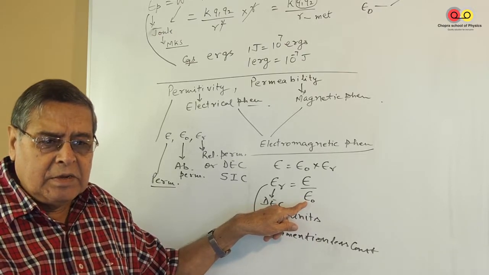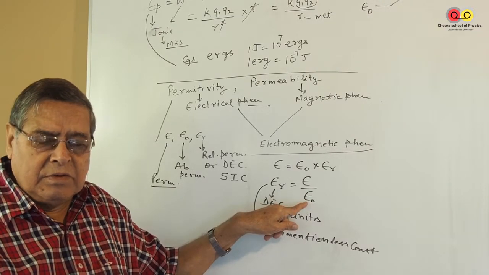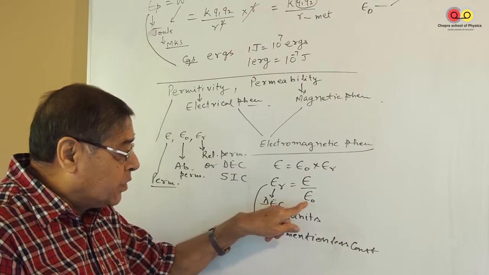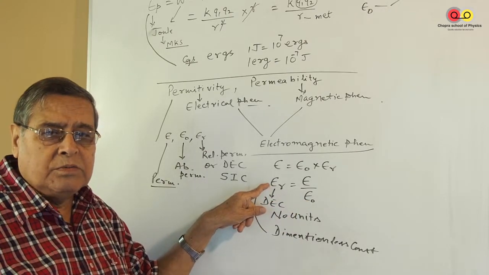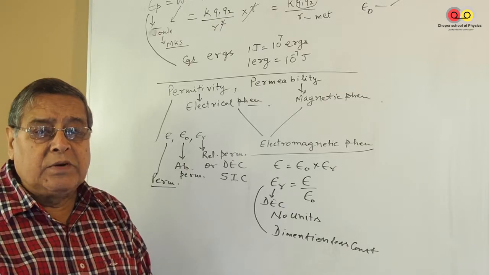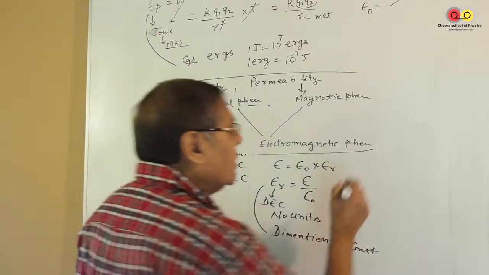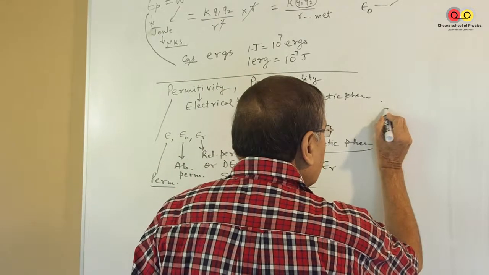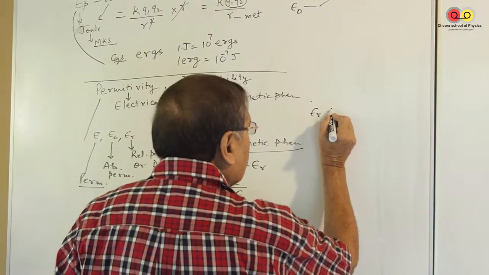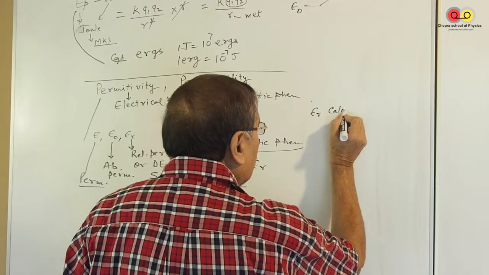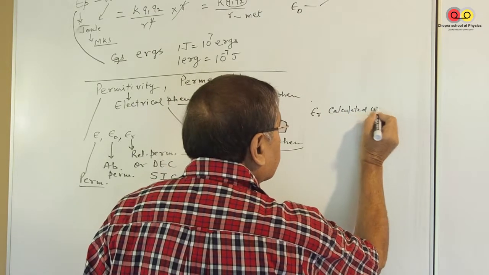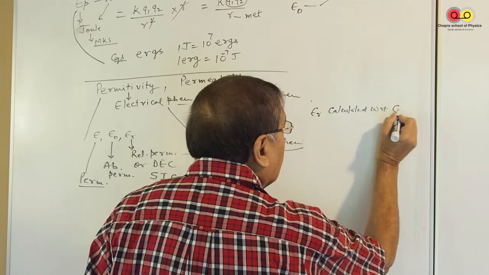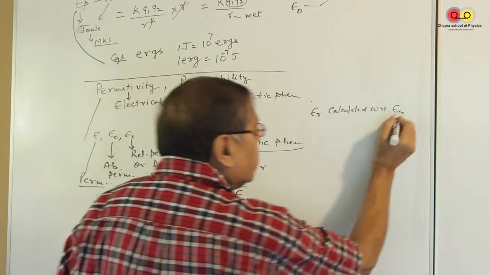If the absolute number of the medium changes, the relative number will also change. So what is the point to remember? Relative permittivity is calculated with respect to absolute permittivity.